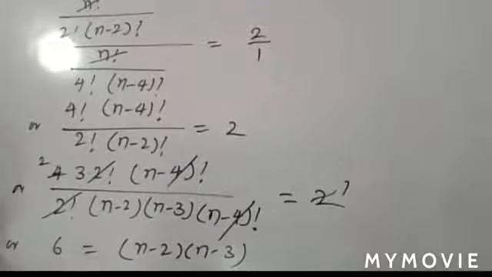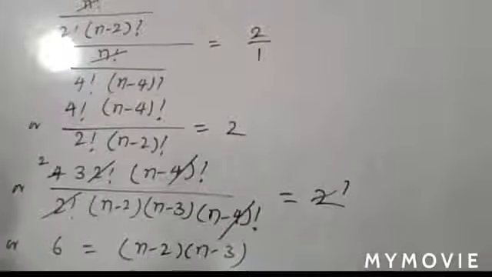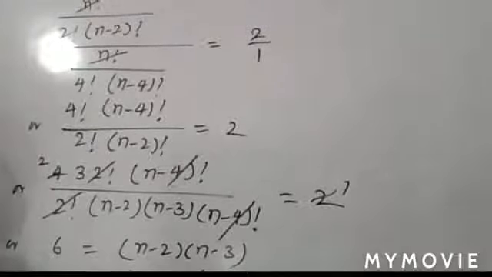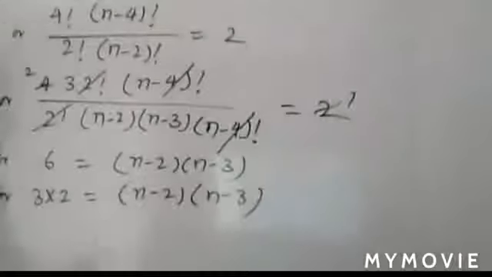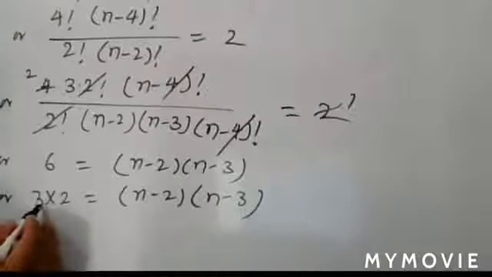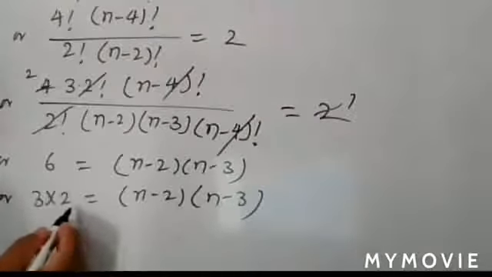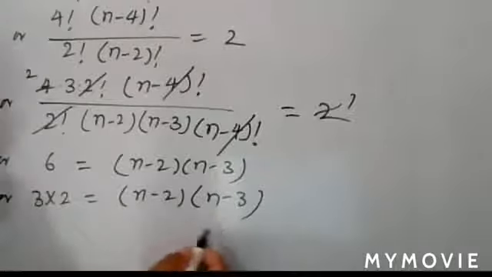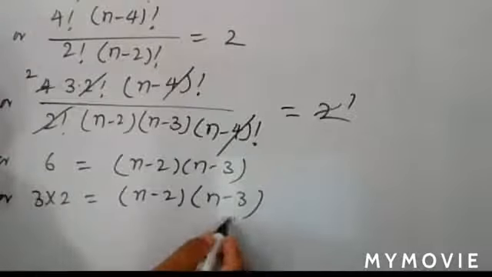So this 6 can be written as 3 into 2. So 3 into 2 is equal to n minus 2 into n minus 3, and just you see, here you have the same pattern, that means second number is 1 less than first. Here you have also second number is 1 less than first.